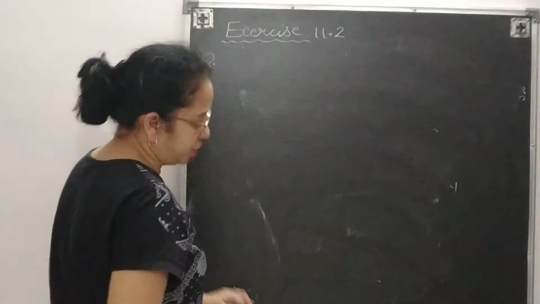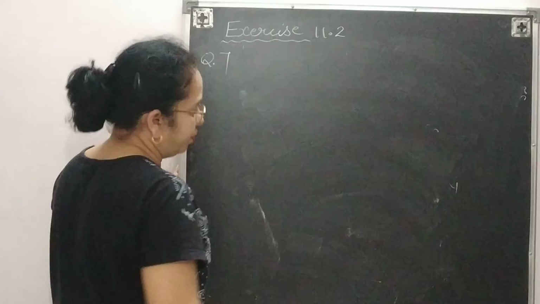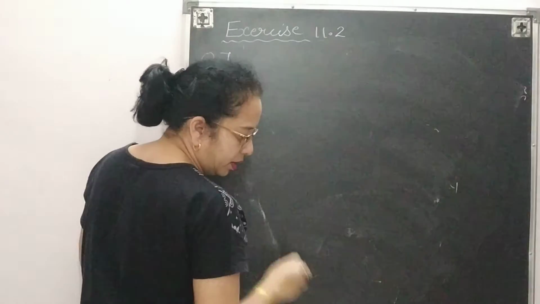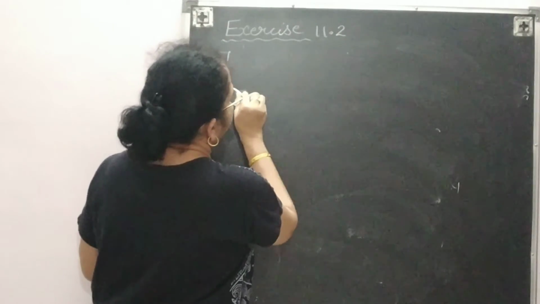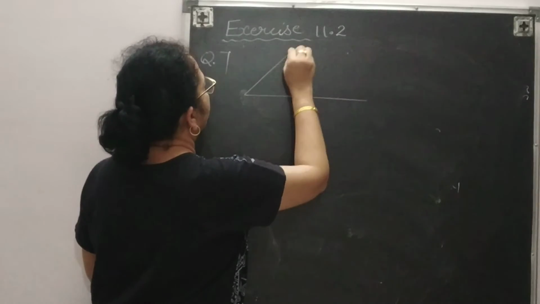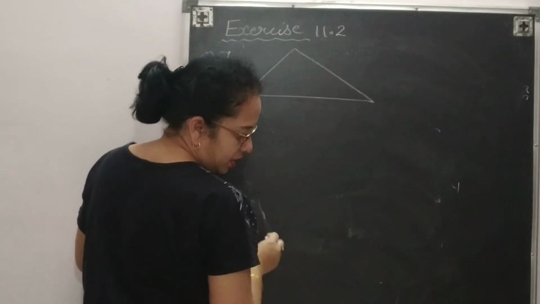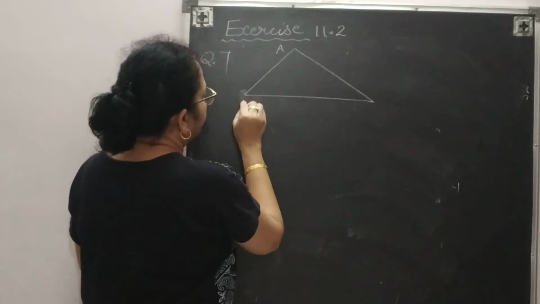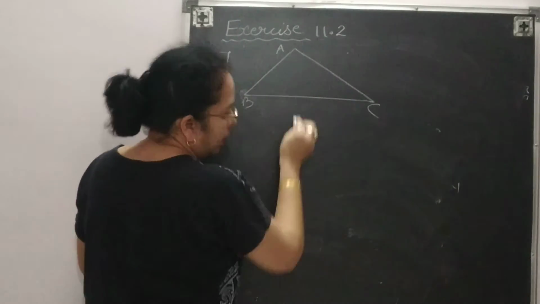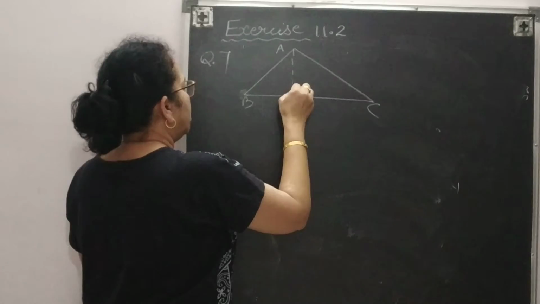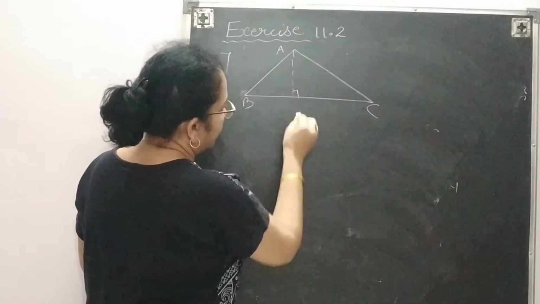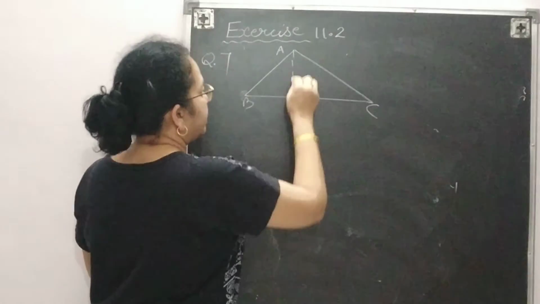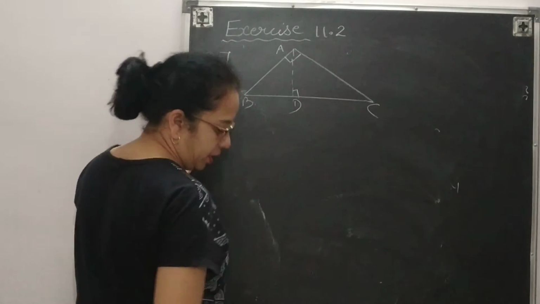Now next is question number 7. Same concept we will use again for the triangle. For question number 7, again one triangle is given. This is the triangle A, B, C, and this is the perpendicular distance. This is D, and at the same time this is also perpendicular.